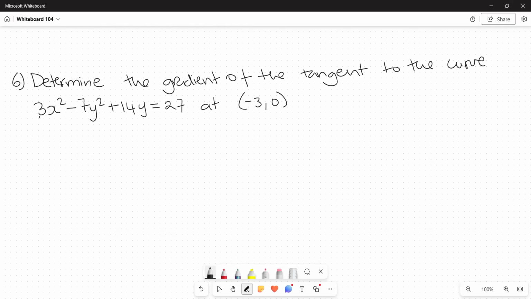The derivative of 3x squared is 6x, and then here we have minus 14y multiplied by dy/dx, plus the derivative of 14y, which is 14 dy/dx. And the derivative of 27 is 0. Okay, so minus 6x just goes to that side.